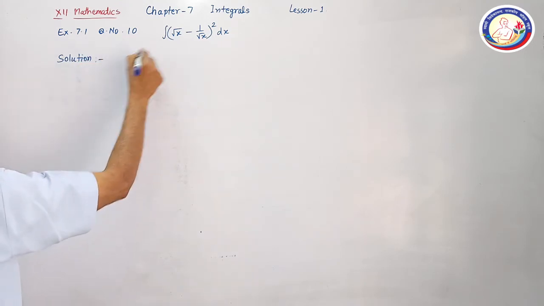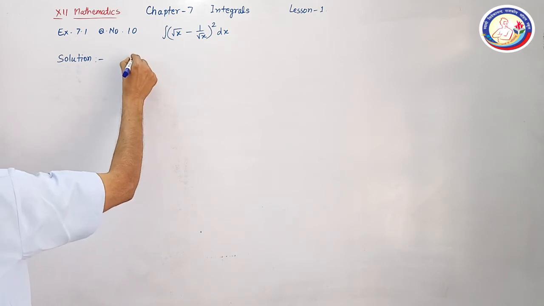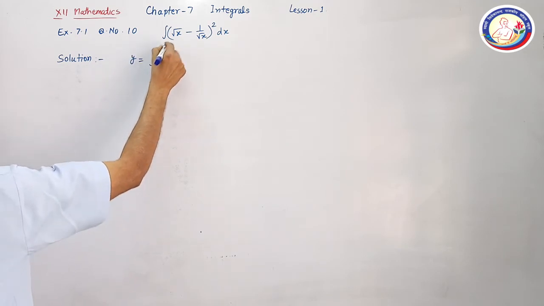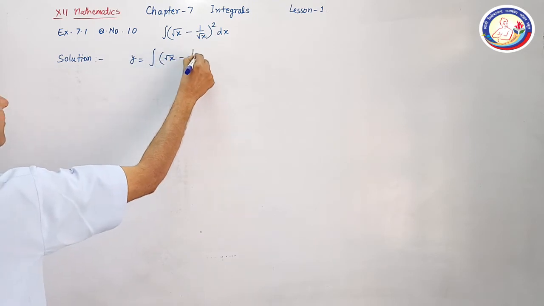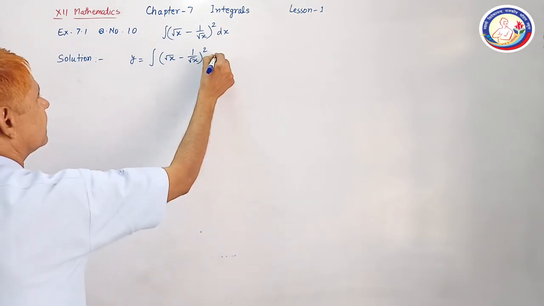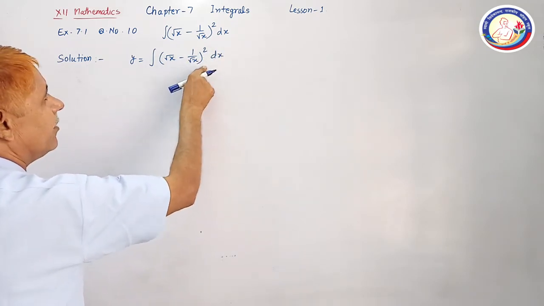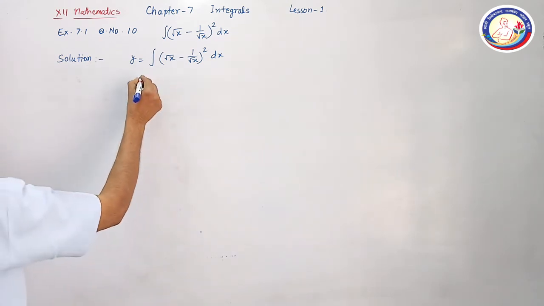The function here is, we have to find the integral of square root of x minus 1 upon square root of x, whole square, dx. We can evaluate this by using the a minus b whole square formula.